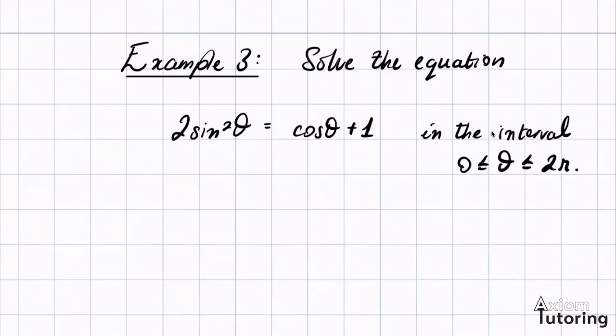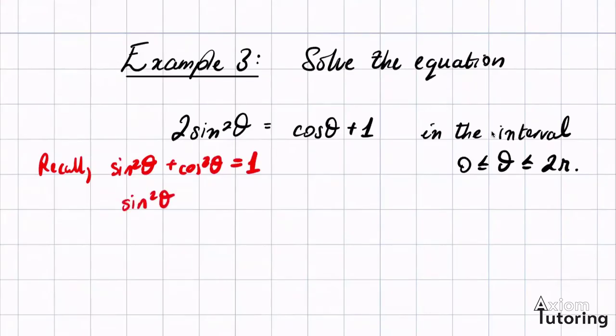So again, recall sine squared theta plus cos squared theta is equal to 1. What would be good for us to do is to rearrange this to make sine squared theta the subject. So we're doing 1 minus cos squared theta.